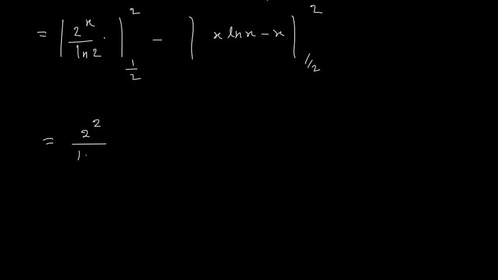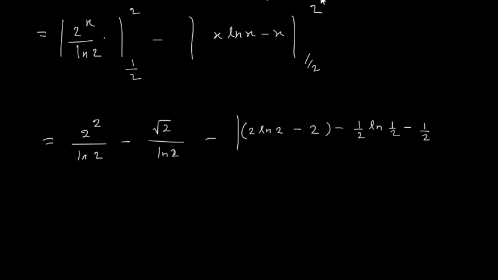So 4 upon ln 2 minus 2 power 1 by 2, which is root 2, upon ln 2, minus, here 2 ln 2 minus 2, minus 1 by 2 ln half, minus, in place of x we put half.